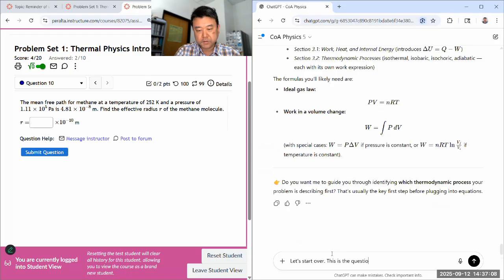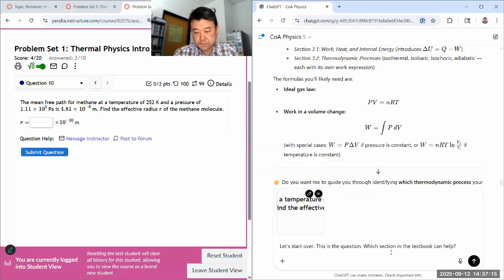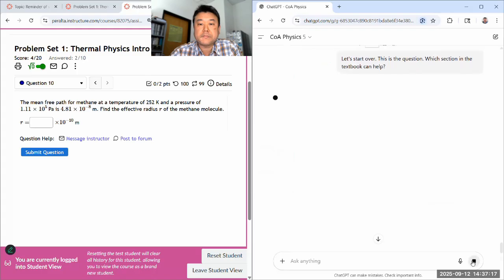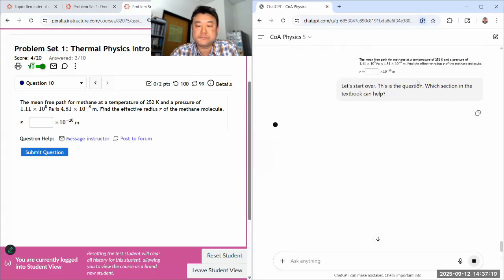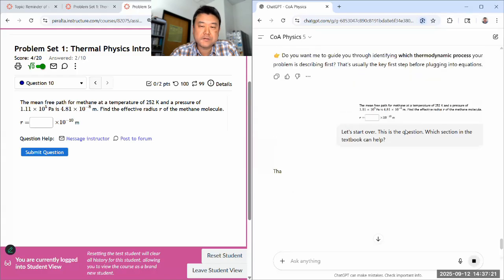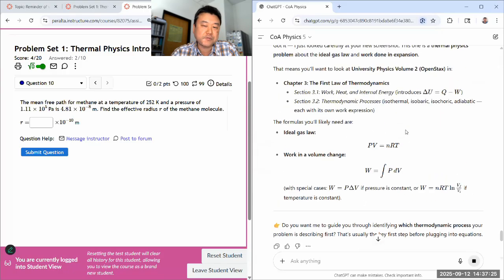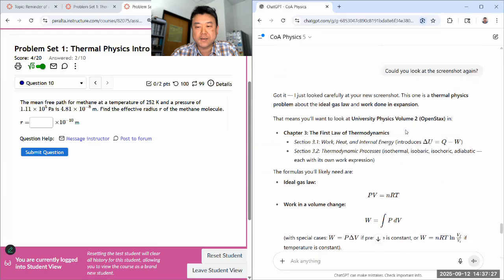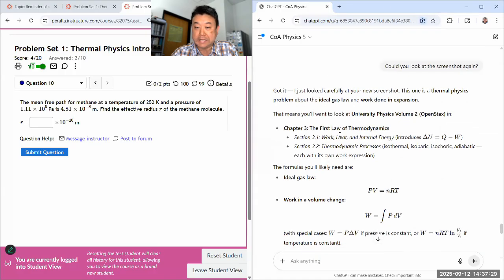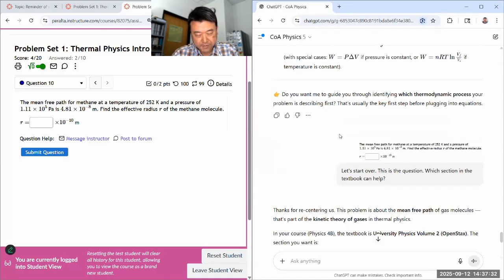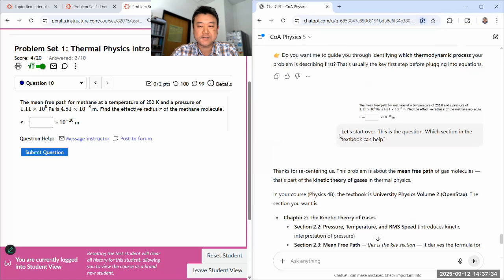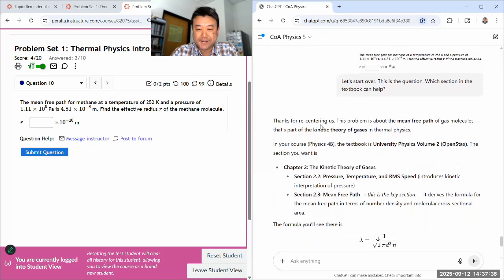This is the question: which section in the textbook can help? So as a responsible user of AI, it's up to you to figure out when it's hallucinating and has obviously given you nonsense. Then read it, recognize it's nonsense, and get it to do the right thing.